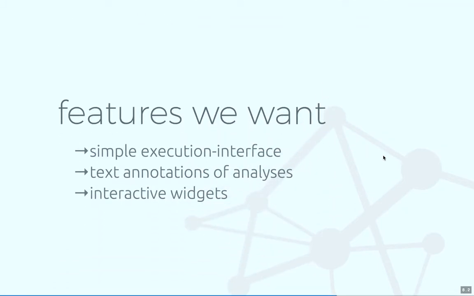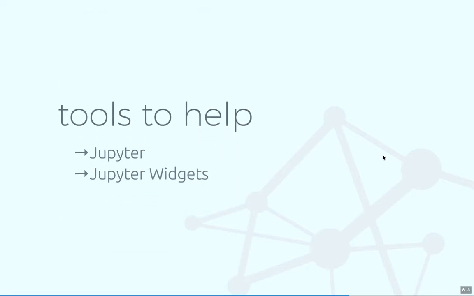We want a simple execution interface, a very simple way to launch our code and look at it. We want text annotation of our analyses, in other words inline documentation accompanying our code, and interactive widgets so that people can not only run our code, but tweak little parameters without having to know anything about our program, simply by playing with sliders or drop-down menus in a web interface.